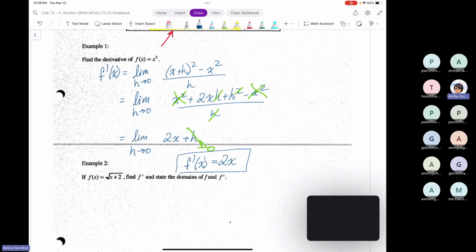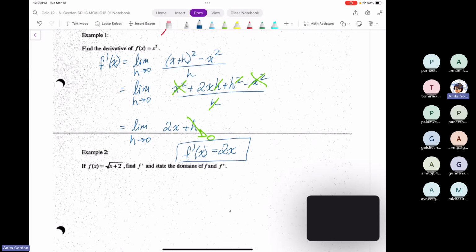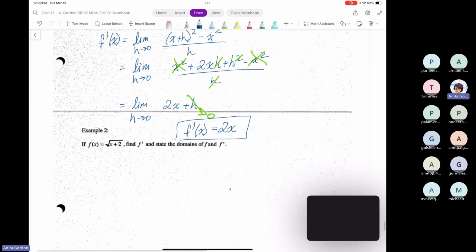And I'm sure Mr. Monroe has been showing you all the beautiful shortcuts, which you will learn in the next unit. Or if you have learned them already, then this next unit will be super easy for you. All right. So this is the theory behind derivatives. How and why do those rules work? We're looking at a point close to the point of interest, approaching it as close as possible, and looking at what kind of values we get out of it.